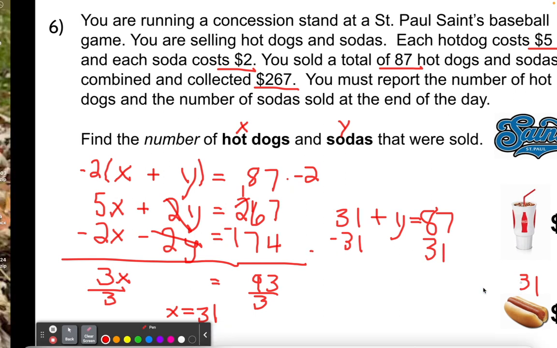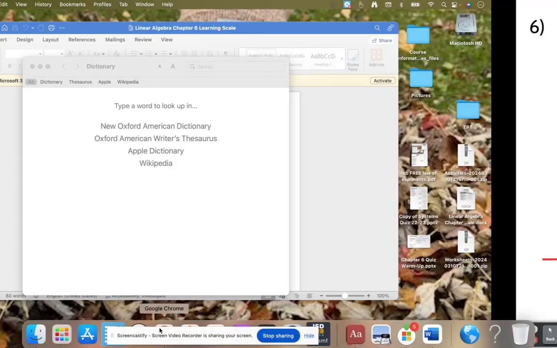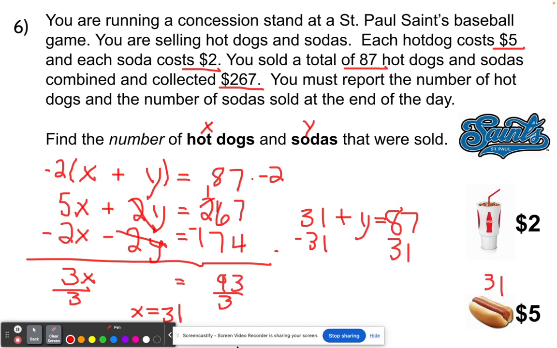So that will be 56 sodas. Oops, I lost my video. 56. So 56 sodas, 31 hot dogs, for a total of $267.